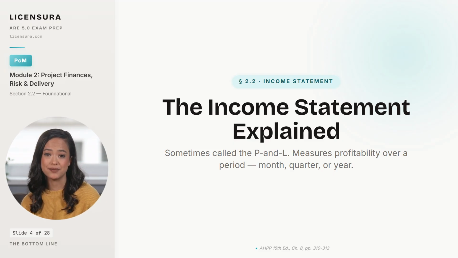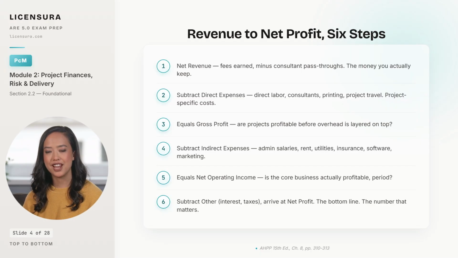Walk the structure of the income statement from the top line down to the bottom line, 6 steps in order. Step 1 is net revenue, the fees you earned minus the consultant pass-throughs you billed to clients on behalf of others. Pass-throughs are not money you keep.